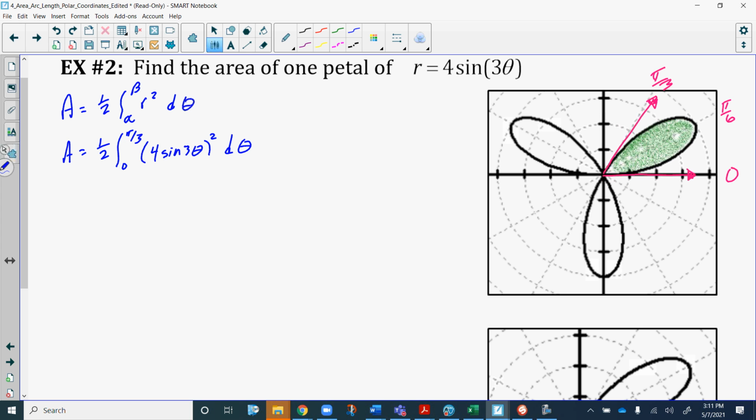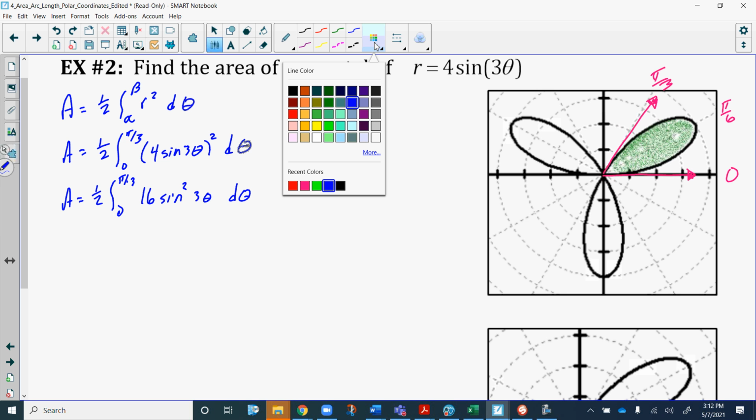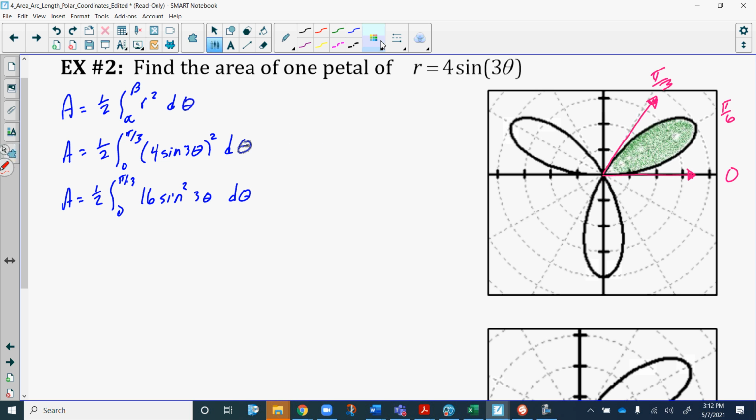Okay, so if we square it, we're going to wind up with 1/2 integral from 0 to pi over 3 of 16 times sine squared of 3 theta. And here again, one of the main reasons why I want to do this one by hand is that sine squared of theta part.